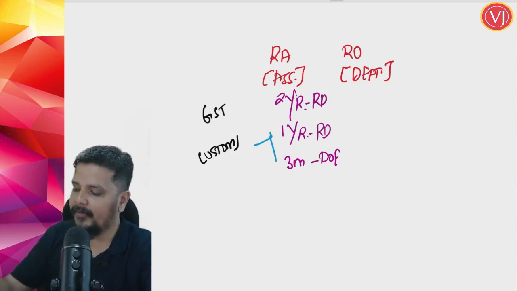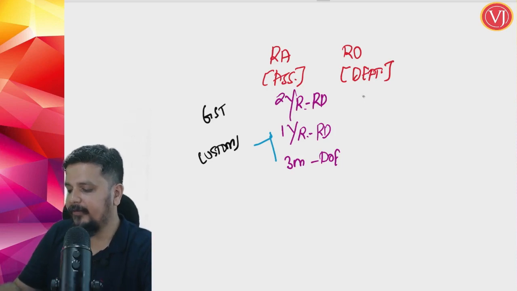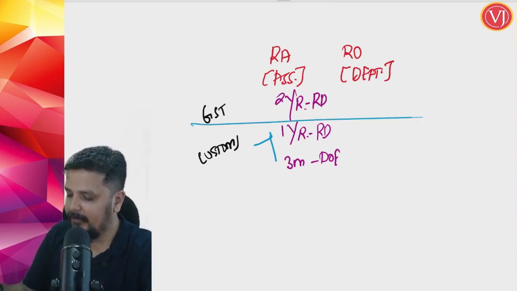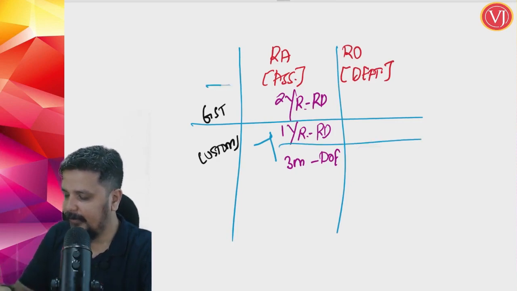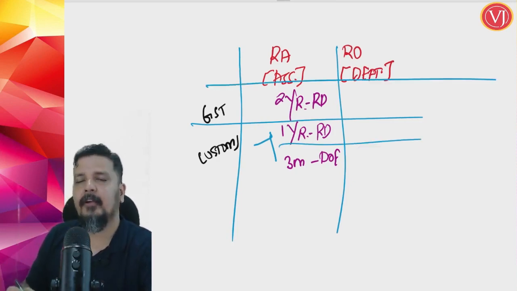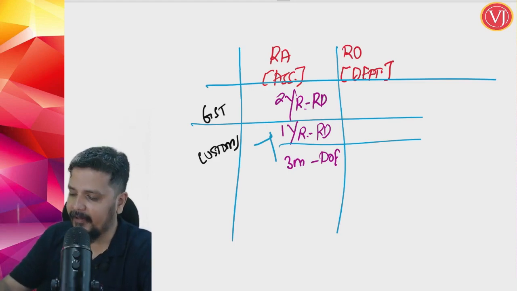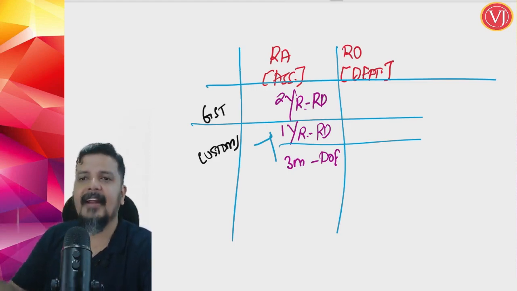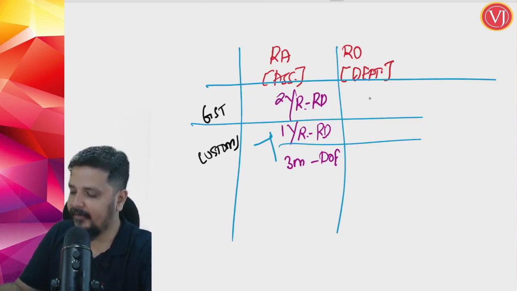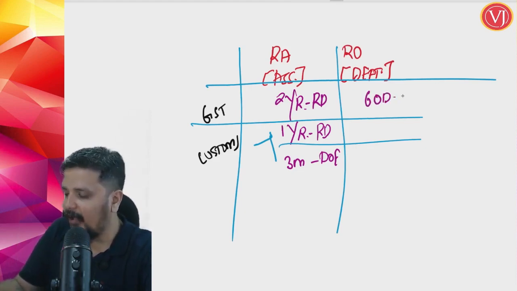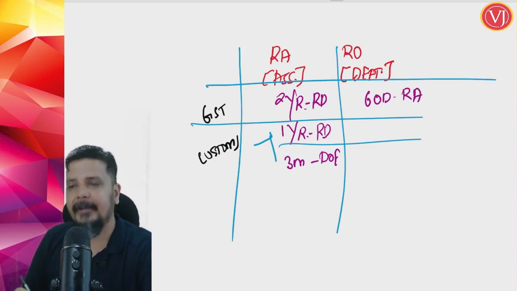When the officer has to give you an order, it has to be given within a particular time. In GST, from where will interest start? The indirect time limit for the officer is the 61st day, after 60 days of the refund application.